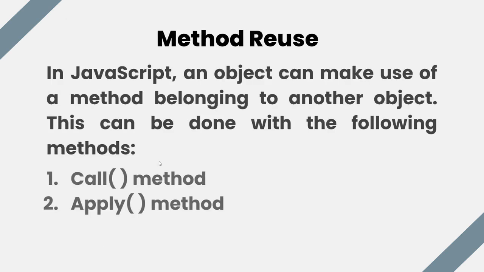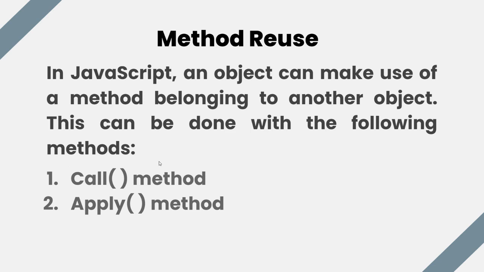So next we have method reuse. Looking back at what we saw in the last slide, we created a method that returns a first name and last name, but we did not reuse that method. Let's assume we had multiple first names and multiple last names.